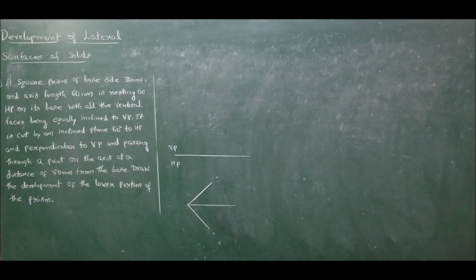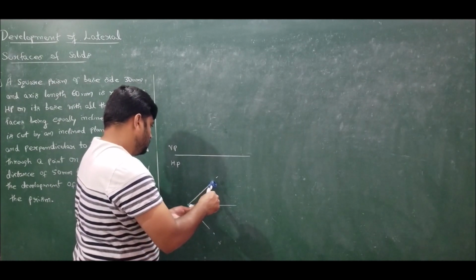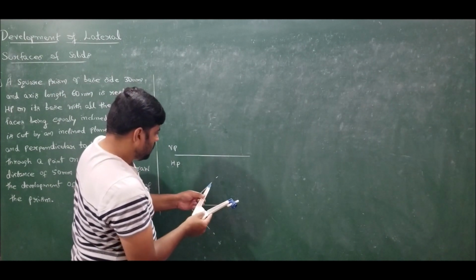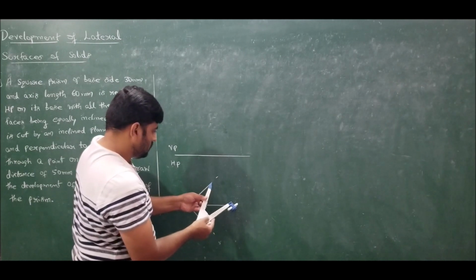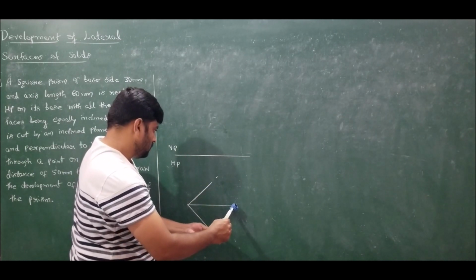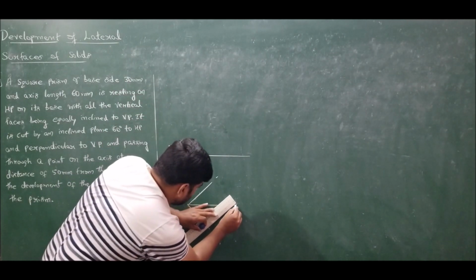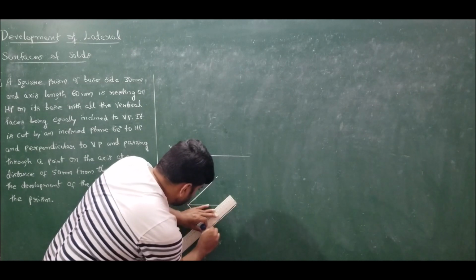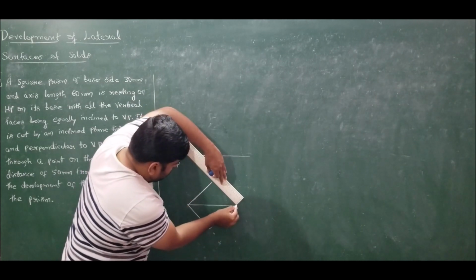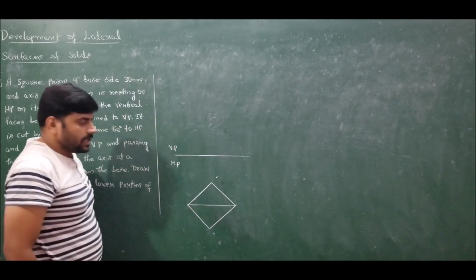Now use the compass, measure the dimension and cut the horizontal. Now if I join, I will get the required square with all the vertical faces equally inclined to VP.